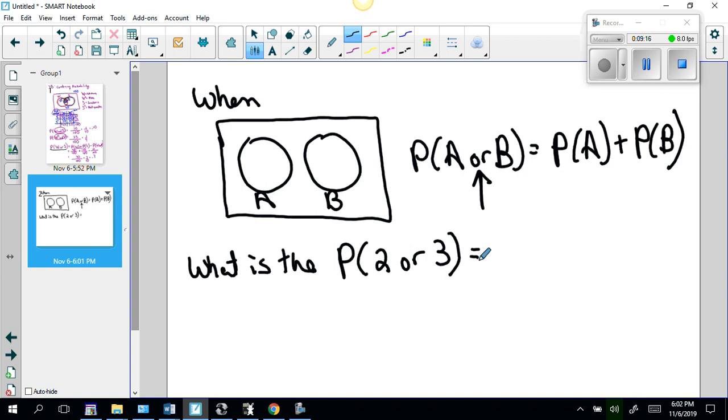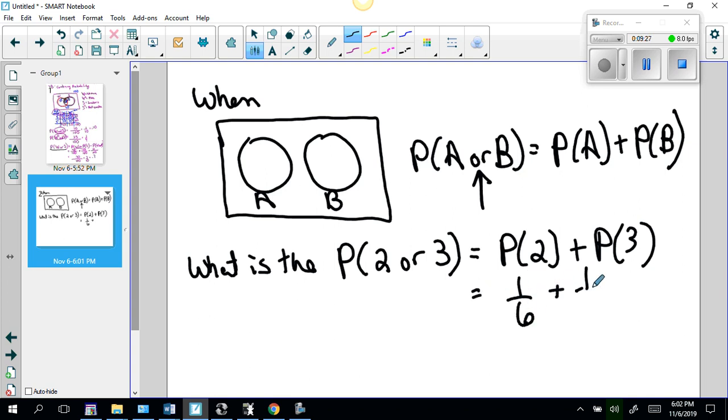A 2 is different from a 3. They have nothing in common, so it's the probability of 2 plus the probability of rolling a 3. Well, it's 1/6 plus 1/6, assuming we're rolling a 6-sided die anyway, which is 2/6, which is 1/3, which is 0.3333333.